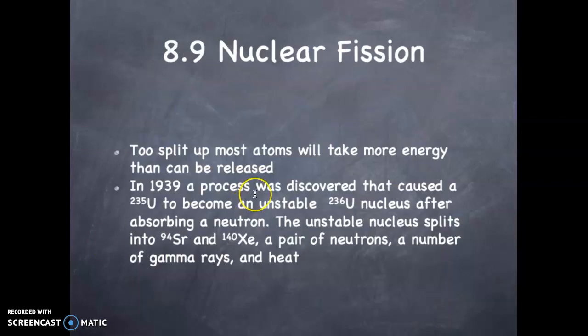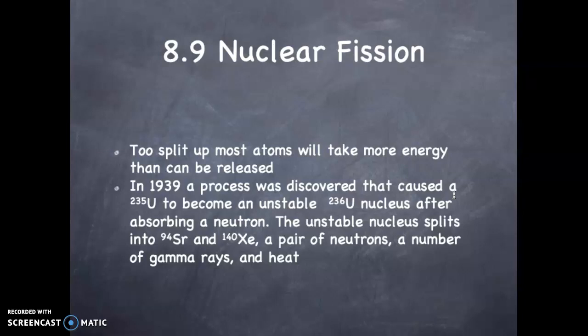So nuclear fission: to split most atoms will take more energy than can be released. However, in 1939, a process was discovered that caused U-235 to become an unstable U-236 nucleus after absorbing a neutron.